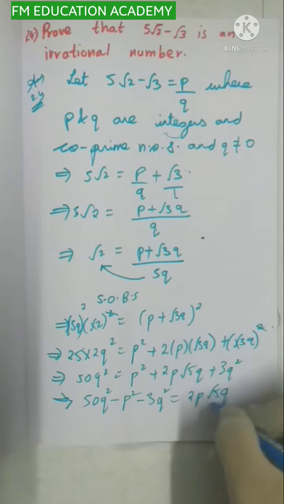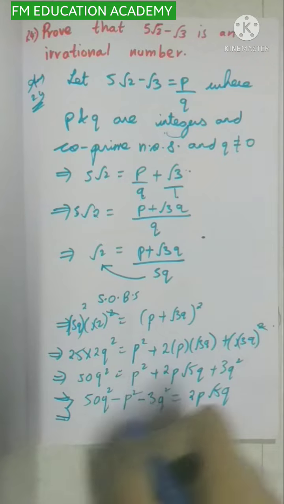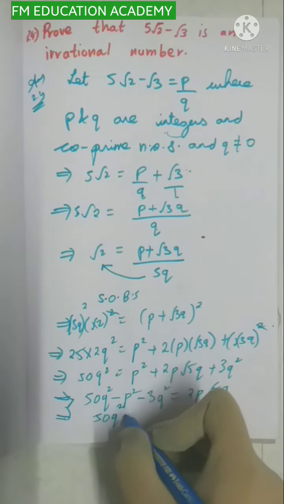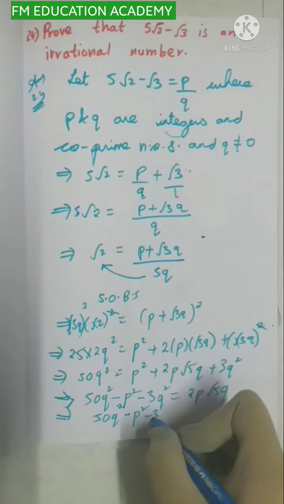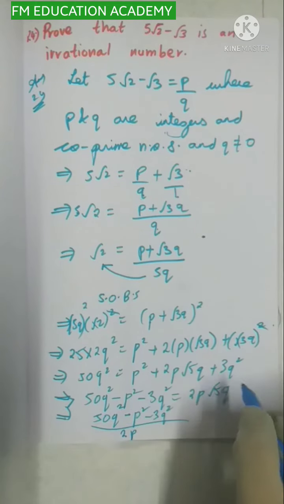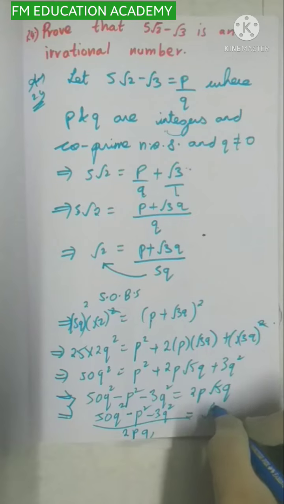Now we need root 3 on the RHS and all the remaining terms on the LHS. So it becomes 50q square minus p square minus 3q square by 2p into q is equal to root 3.